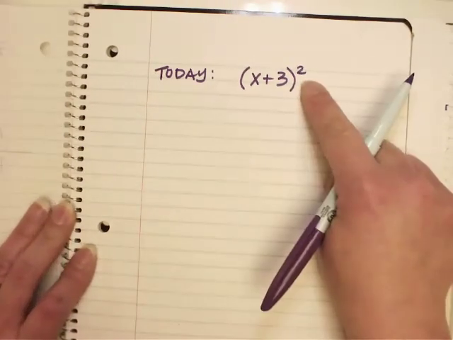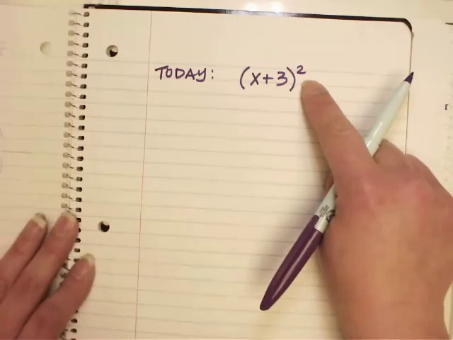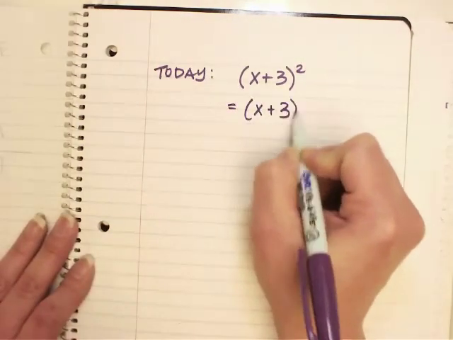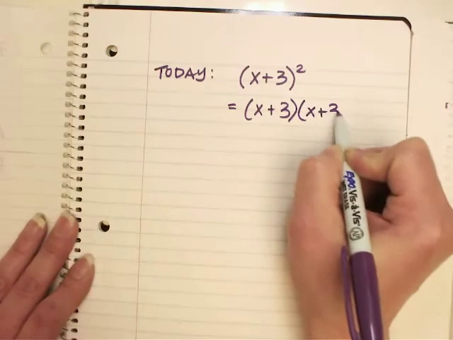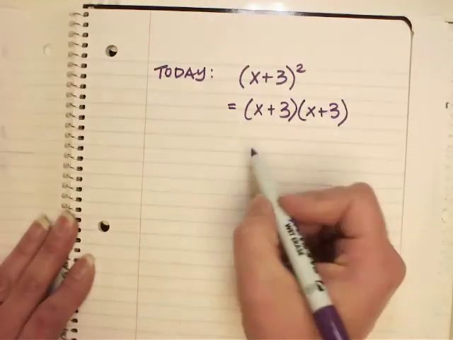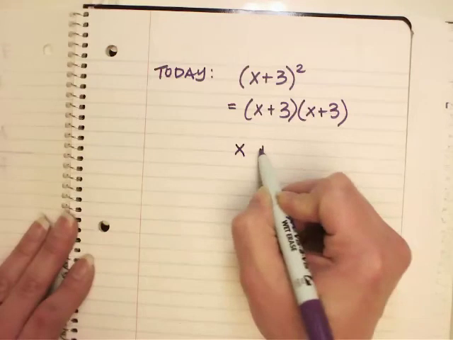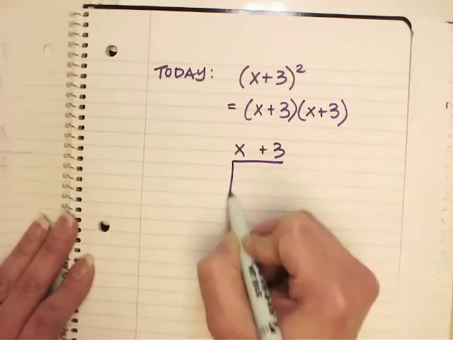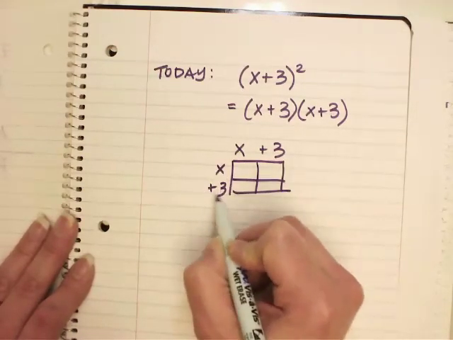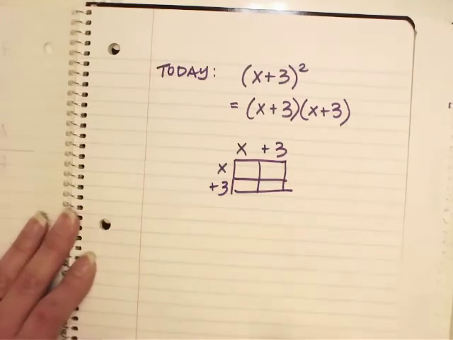That square means I have two sets of these. So if I were to write this out, I would get x plus 3 times another x plus 3. And if I set this up in my multiplication, I would get x plus 3 times another x plus 3.